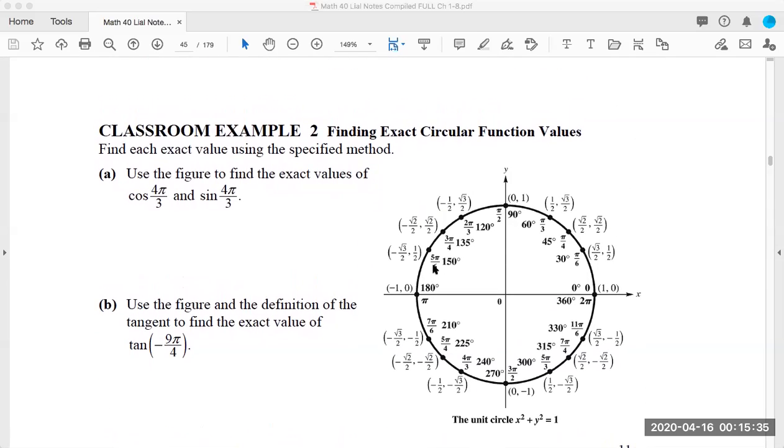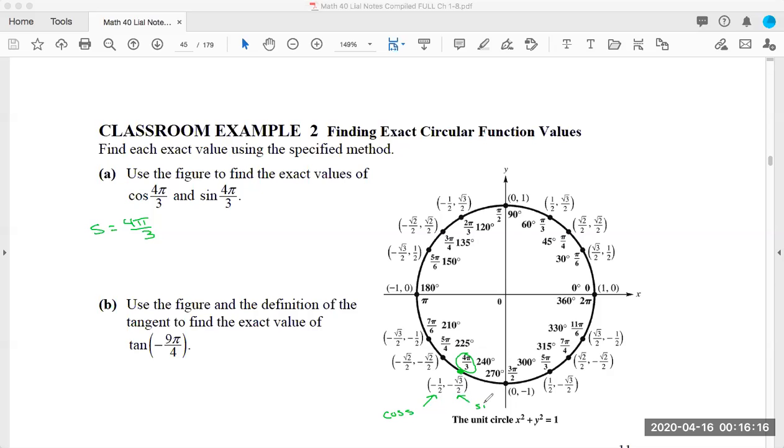Okay, so for this, we are trying to find, for part A, cosine of 4 pi over 3 and sine of 4 pi over 3. So first thing we're going to do is look for S. And S in this case is 4 pi over 3. So 4 pi over 3 is right down here. And remember, this would be the cosine value.